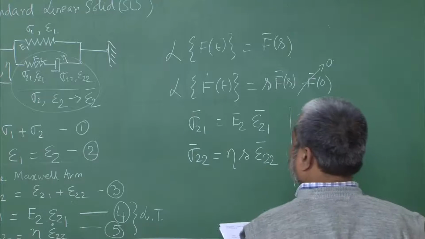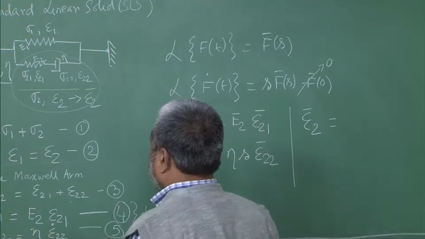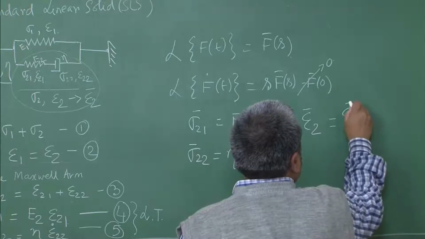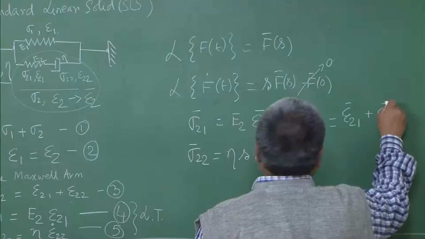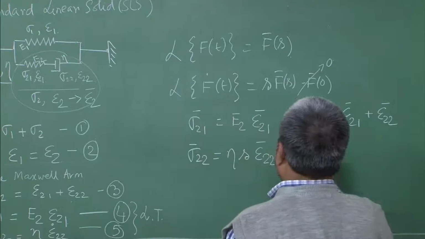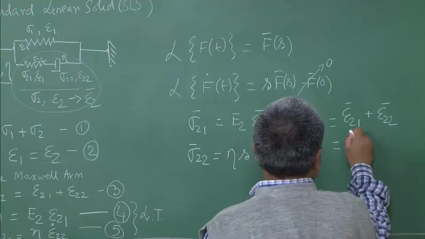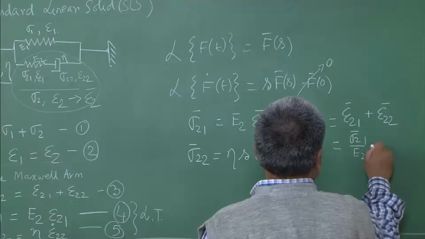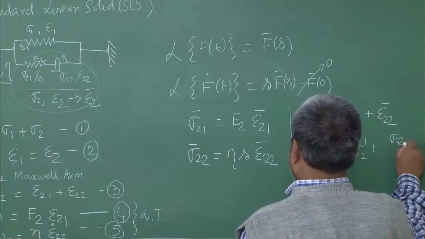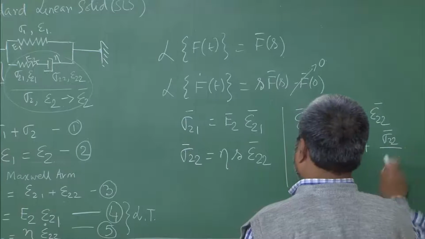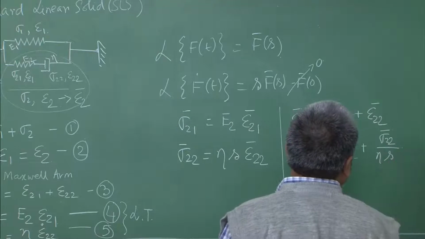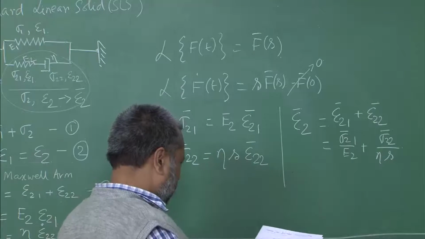So, epsilon 2 bar will be epsilon 2 1 bar plus epsilon 2 2 bar, and by using these two equations we can write that epsilon 2 1 bar is sigma 2 1 bar over E 2 plus sigma 2 2 bar over, so it is eta s, for epsilon 2 2 bar. So, that is what is our epsilon 2 bar.